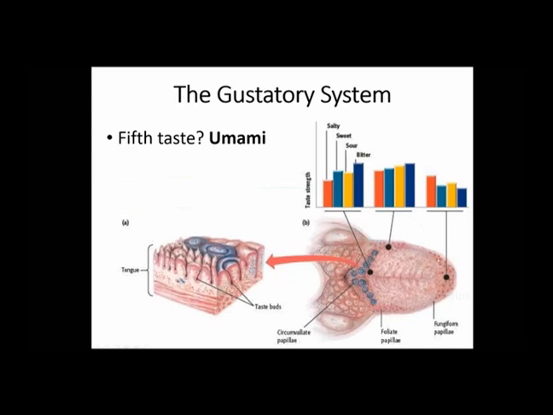Even though we have, say, different sensitivities on different parts of our tongue, so the tip of our tongue seems to be a lot better at getting salty, it doesn't mean that it can't pick up those other tastes. We can still taste if something is bitter or sour or sweet at the tip of our tongue. We're just better at tasting salty there.